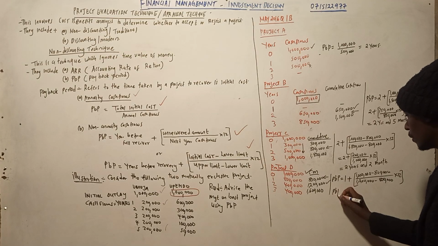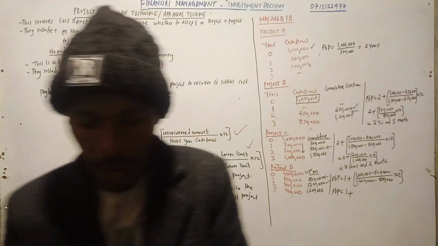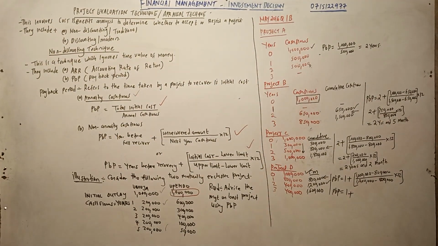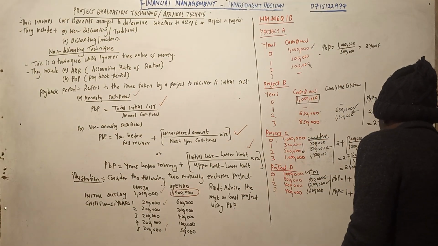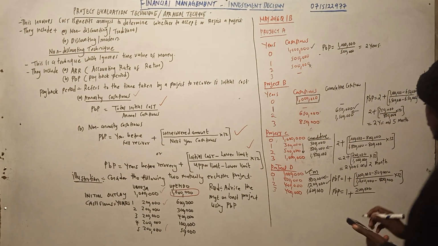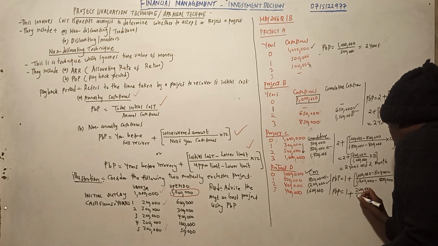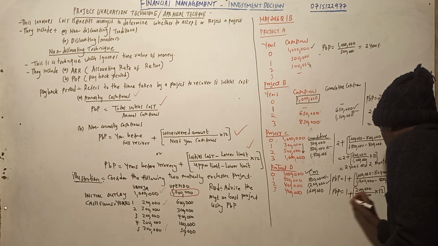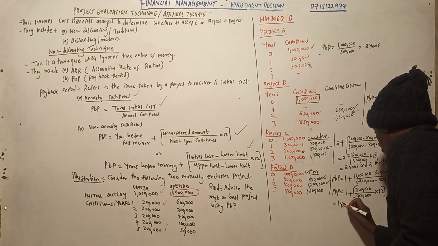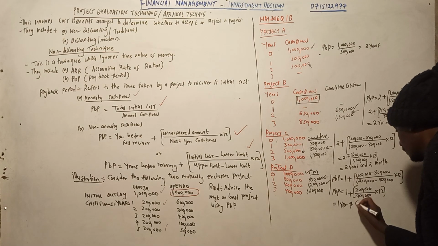So the payback period will be 1 plus 200,000 over 1.2 million minus 800,000, which is 400,000, times 12. So it is 1 year and 6 months.